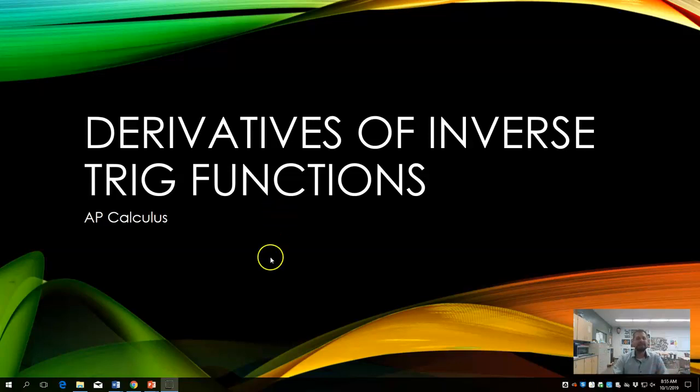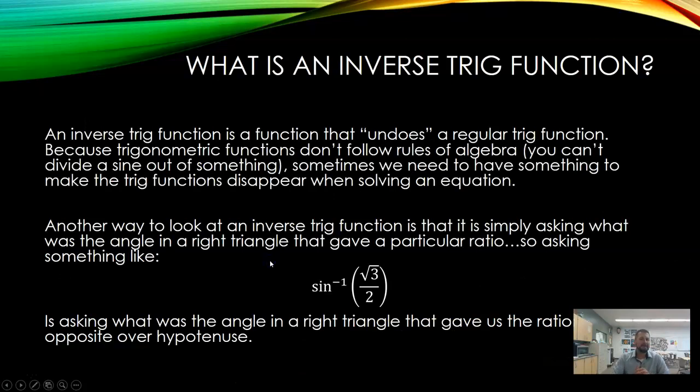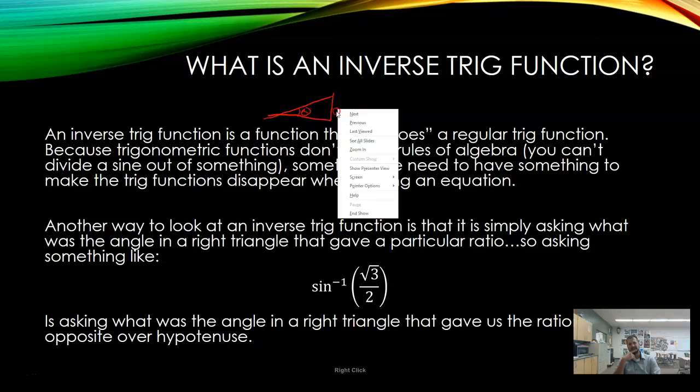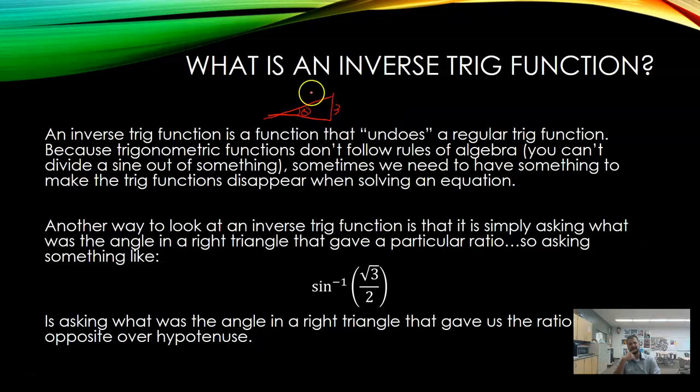As a quick review, it's probably been a while for quite a few of you since you've seen an inverse trig function. First of all, an inverse trig function is something that undoes a regular trig function. Like when I look at a trig function in general, like the sine of this angle, we'll call it theta, and we'll say this side is 3 long and this side is 5 long on a right triangle.